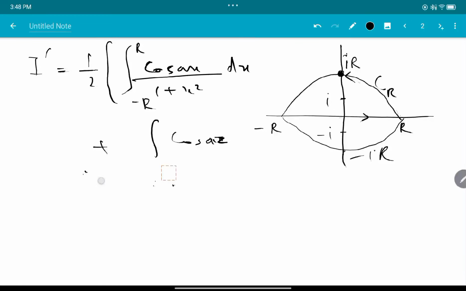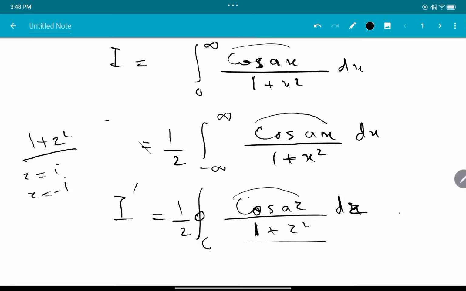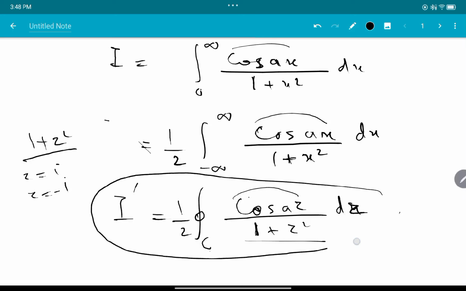There is an easy way out. Instead of evaluating this integral I, which is 1 by 2 times the integral, let us go back. Instead of evaluating this I dash with cos az, let us evaluate with e raised to i az.